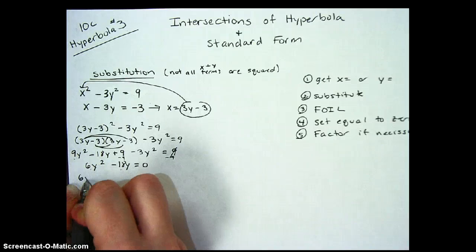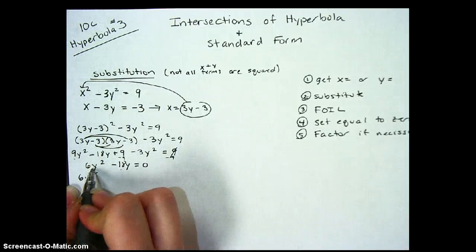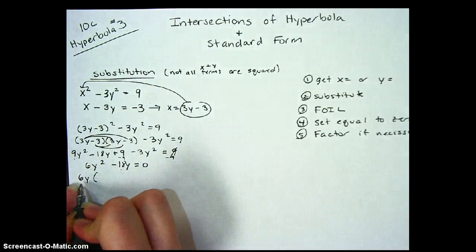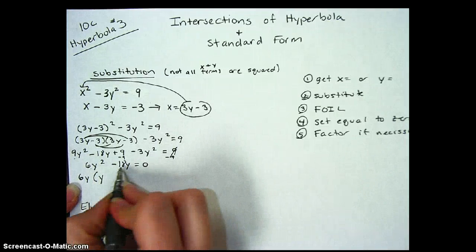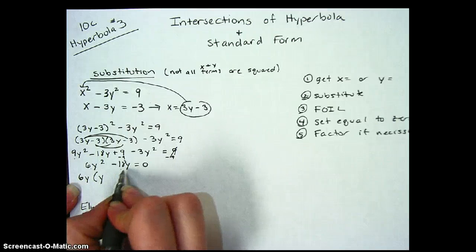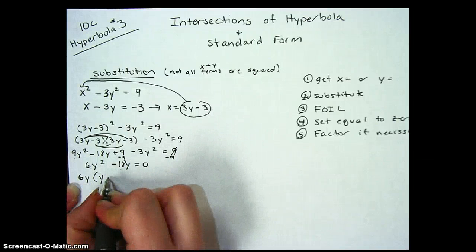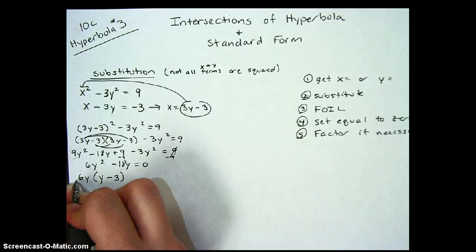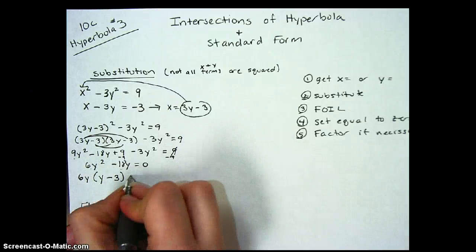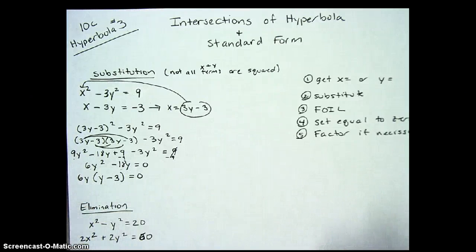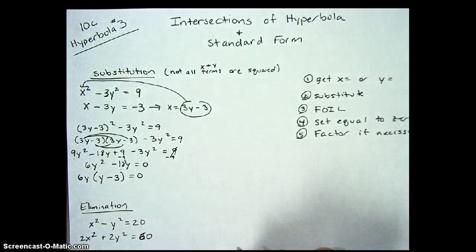So we're going to take out a 6y. If I divide 6y squared by 6y, because that's what I'm factoring out, I'll be left with y. If I divide negative 18y by 6y, I'm left with negative 3, because 18 divided by 6 is 3, and y divided by y is just 1, so the y's cancel out, equal to 0. We don't have any square terms left, so this is factored.